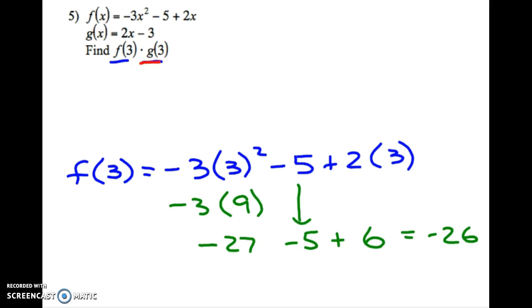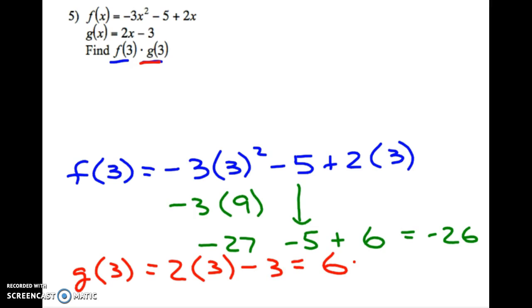Now we need the g of 3. So we're going to put 3 into the g equation. So 2 times 3 minus 3. 2 times 3 is going to give us 6. Subtract the 3, we're going to get 3. So if we go up here, we replace both of the parts with the numbers then.